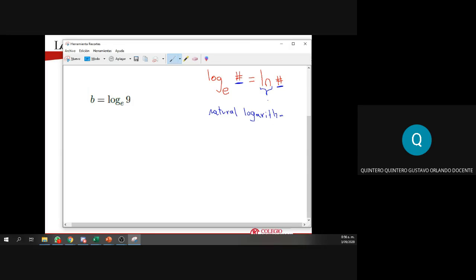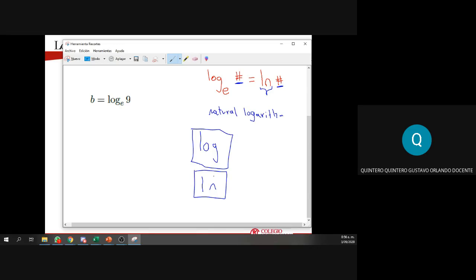Why do we say that this is a specific type of logarithm? Why do we do this change? Look, if you go to your calculator, you're going to find that you have a key for log. Hopefully you guys are using your calculator right now as I speak. And right under that, you have a key for natural logarithm.